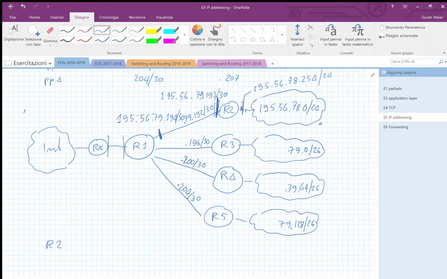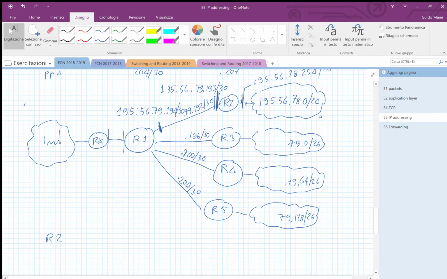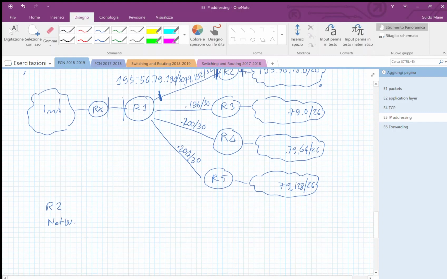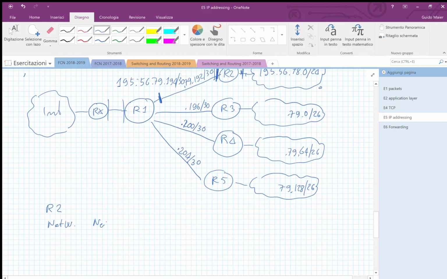So in this case, the routing table is very simple because we just need the default entry. So in the routing table of router 2, we will write the network column, the net mask, and the next hop.